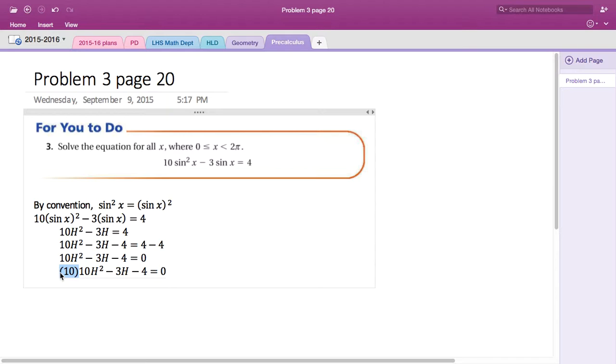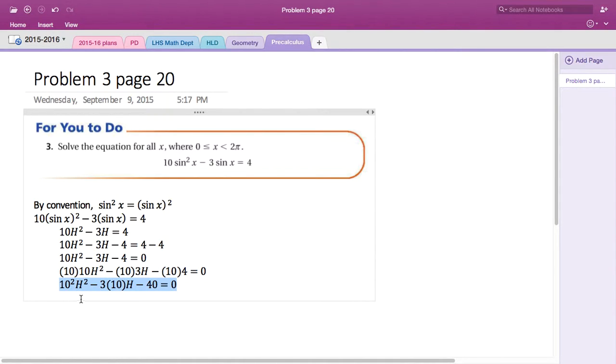So I'm going to multiply this by 10, this by 10, and this by 10. Right here, this will be 10 squared, and this part will be 3 times 10, and this will be 40. I didn't really do it out right there for reasons, and I'll show you why in a minute.